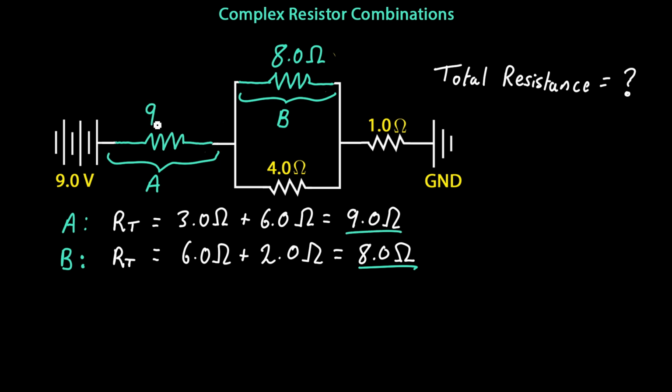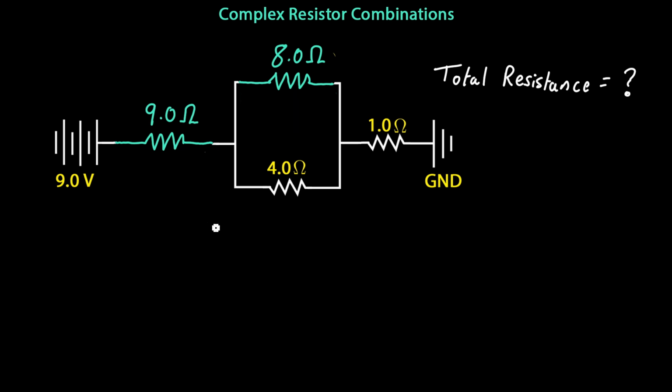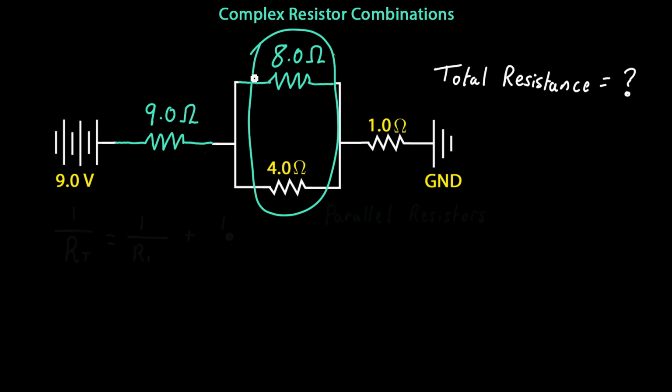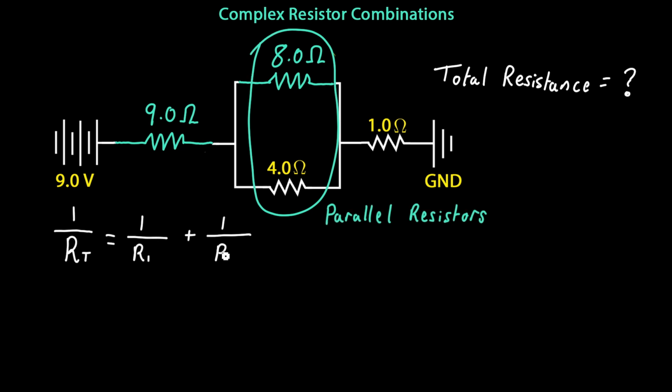Now we can work on the resistors in parallel and find their equivalent resistance using the parallel equation for resistance. So what values do you think we should place into the variables R1 and R2 in our equation here? Remember, this equation is only for resistors that are connected in parallel.